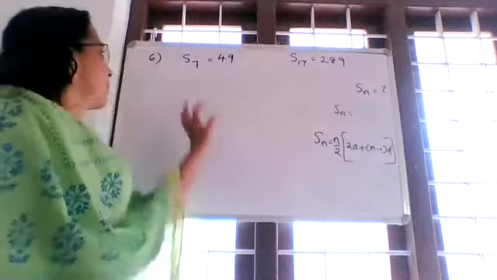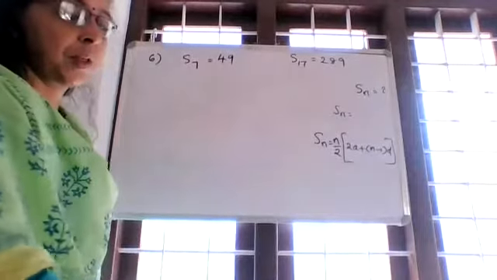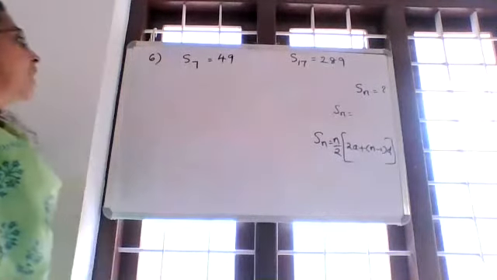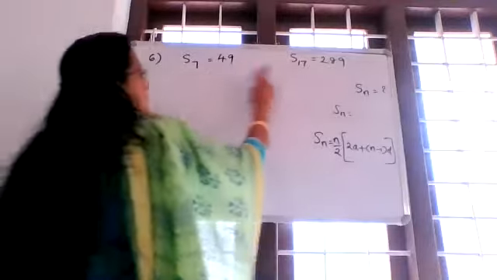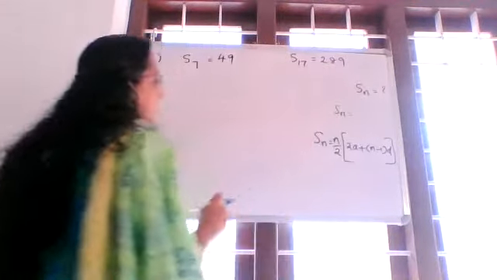So how can we write this? Write down: S7 is equal to 49, S17 is equal to 289, Sn is equal to question mark.